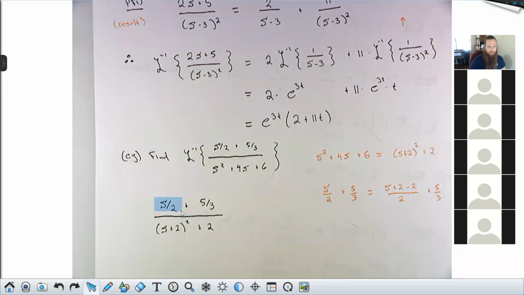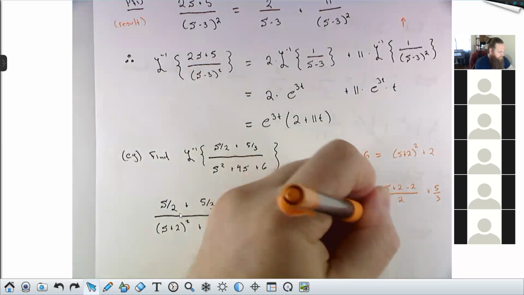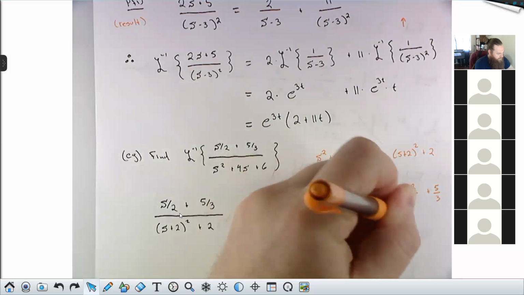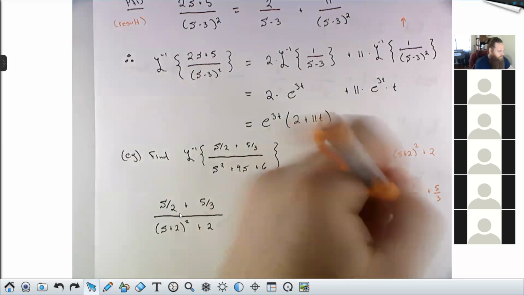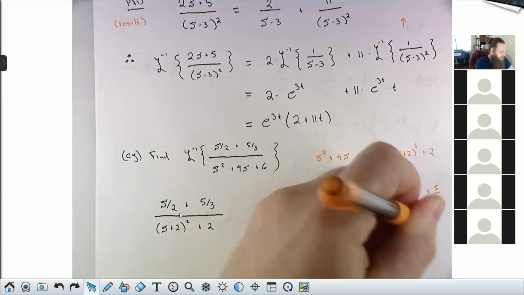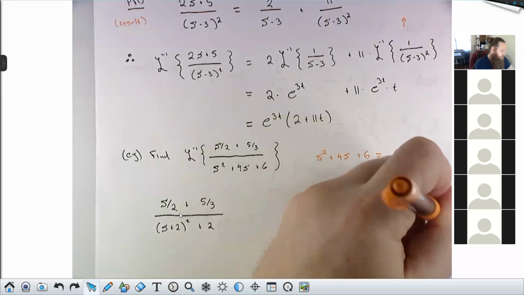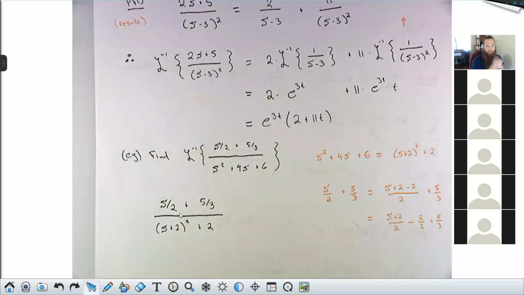Again, the goal here is to replace this s over 2 with an s plus 2 over something. I can then split this up as s plus 2 over 2 minus 2 over 2 plus 5 over 3. It's really just arithmetic, but it's fairly sneaky arithmetic.